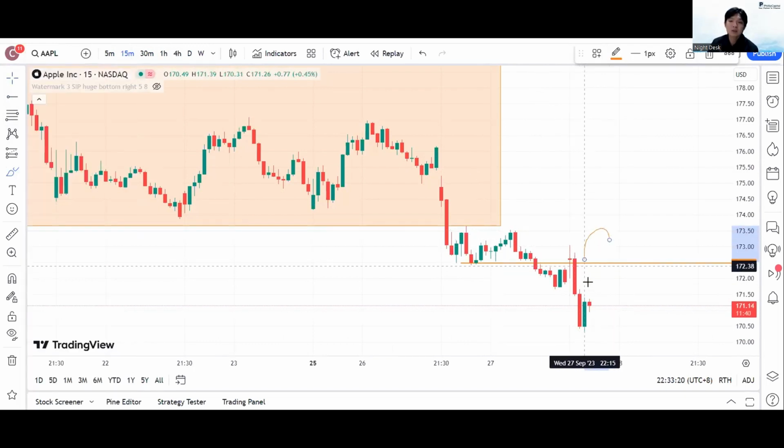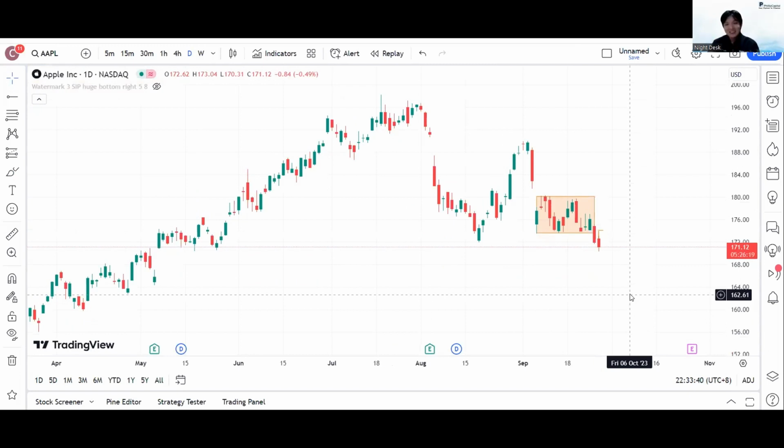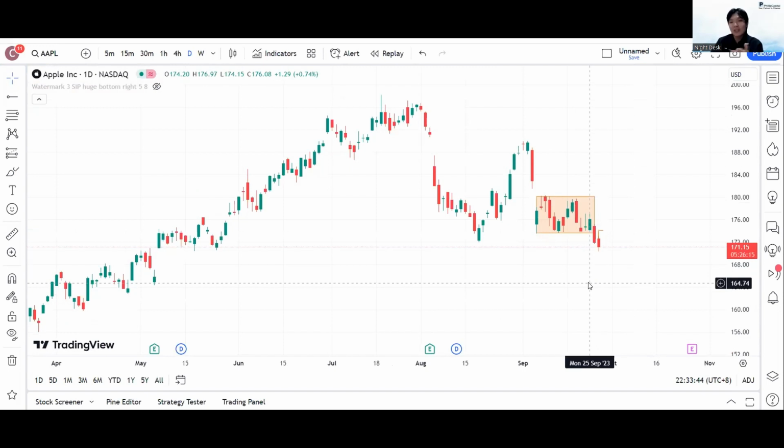So you need price to come up, break, then a daily close bullish. Maybe you will start to see price coming back to this 176. Then if they cannot hold, price will just drop. It's the same thing. You have this structure, near term is bearish. So you can long on a fast game, but you cannot long on a swing game.